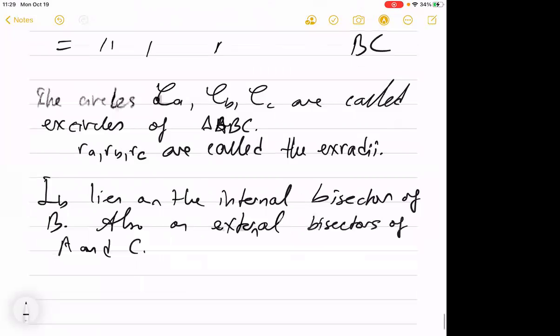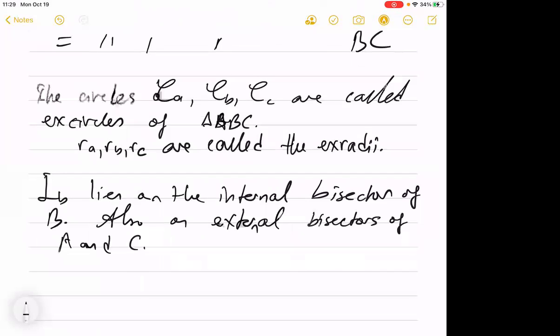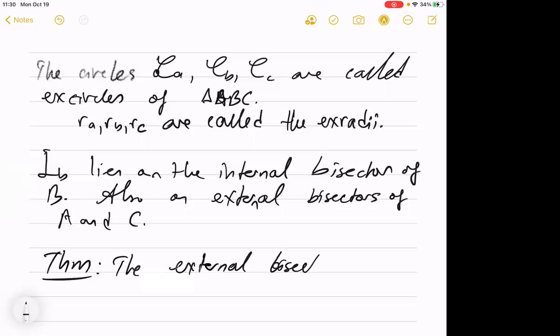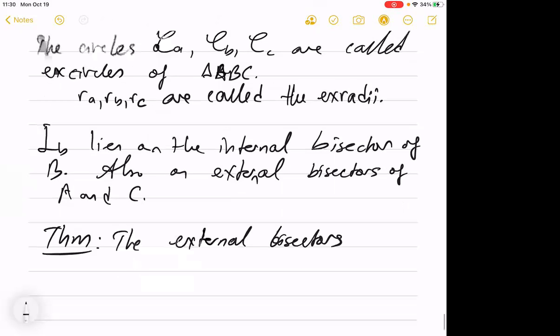So therefore, we have this statement. Let me state this theorem, and then I will finish. We proved it for ABC, but for any triangle it's the same.